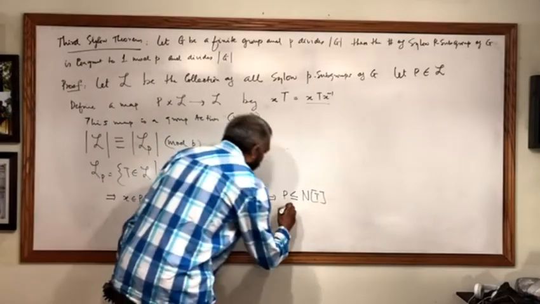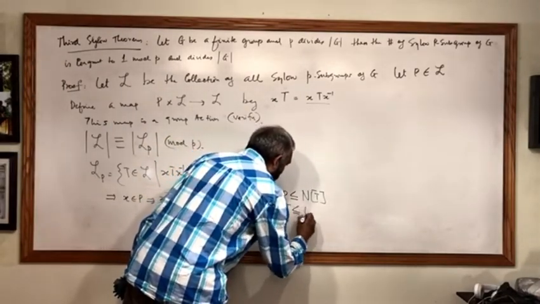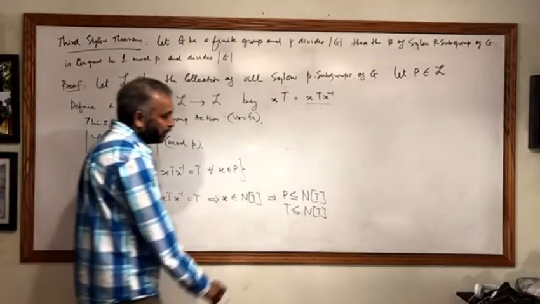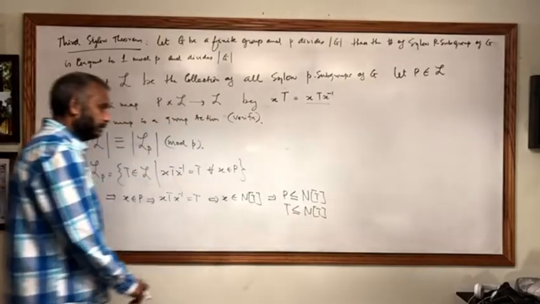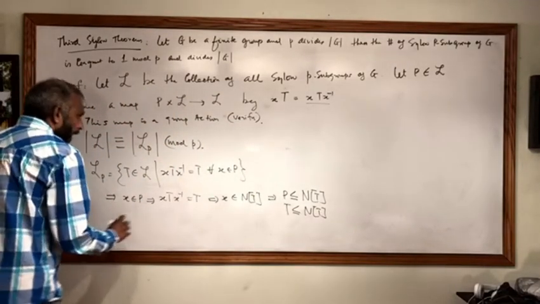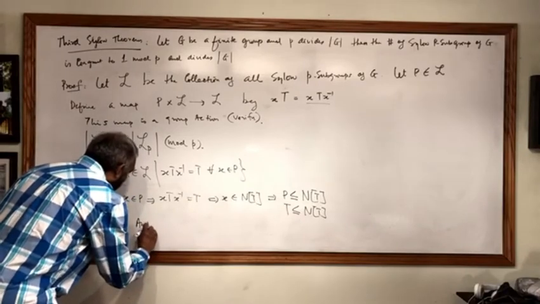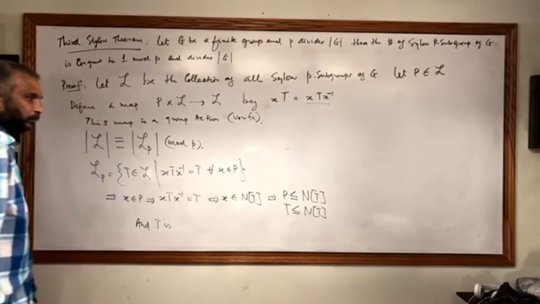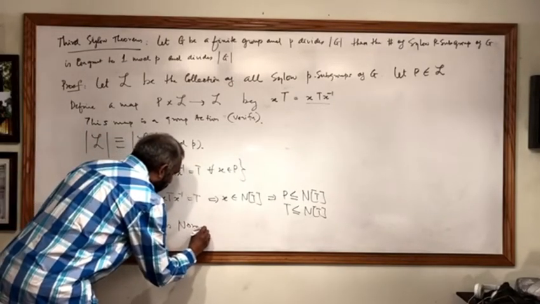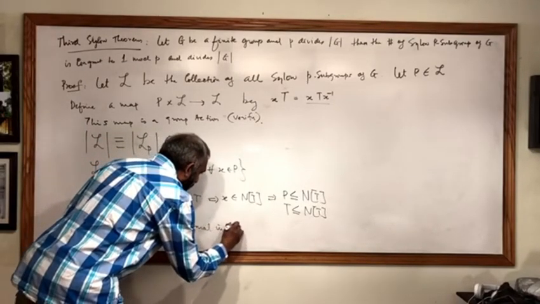And we also know that T is a subgroup of N_T. N_T means the normalizer of T. And T is normal in N_T.